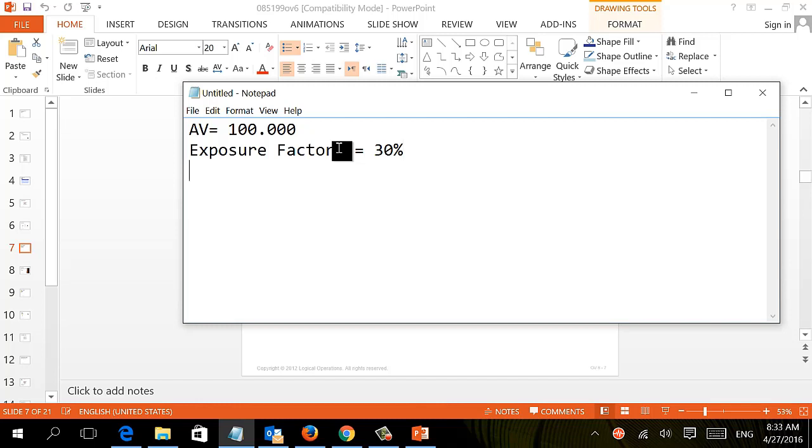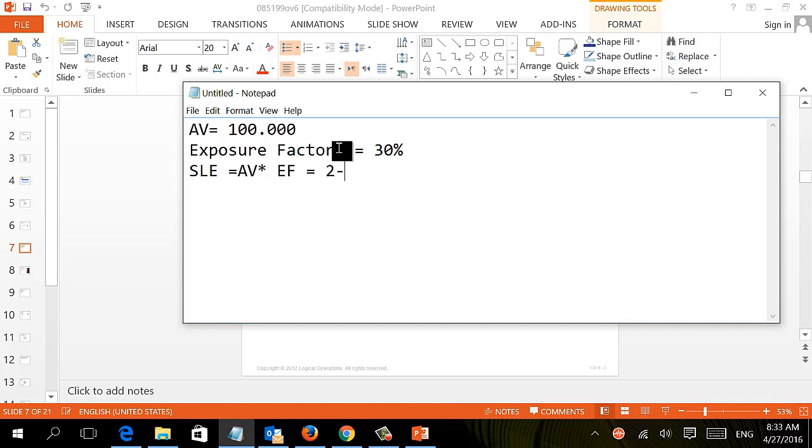Then you need to calculate something called SLE, or single loss expectancy, which is equal to AV multiplied by EF. That means every time the fire happens, how much we are going to lose. So it should be 30% multiplied by 100,000, right? So it will be 30,000.